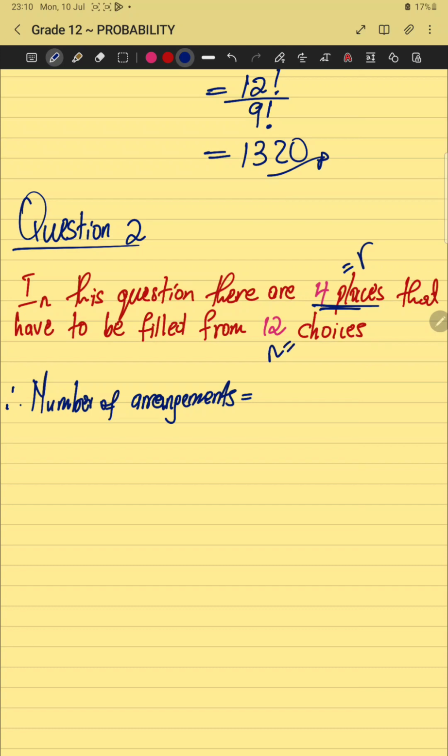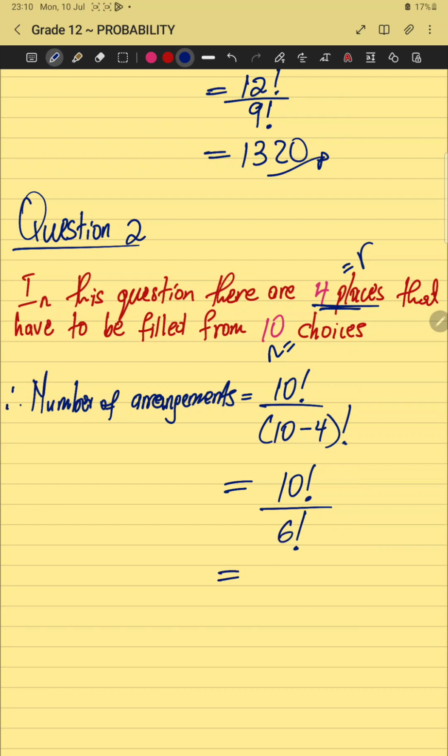Therefore the number of arrangements must be 10 factorial divided by (10 minus 4) factorial, which is 10 factorial divided by 6 factorial, and the answer is 5040, and that's all.